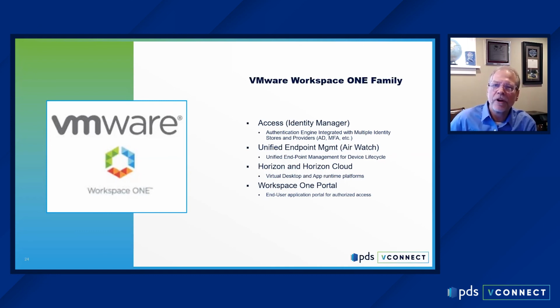Other components built into this: we talked about the Workspace ONE portal, and that's where the applications are really delivered to the end user. And then Horizon and Horizon Cloud. These are application and virtual desktop delivery environments, so think of VDI or virtual apps. This is the infrastructure that is there to support the deployment of those apps and the delivery of those out to the end users.